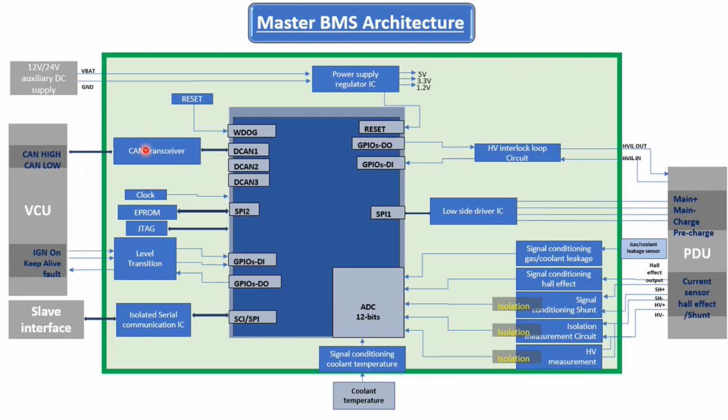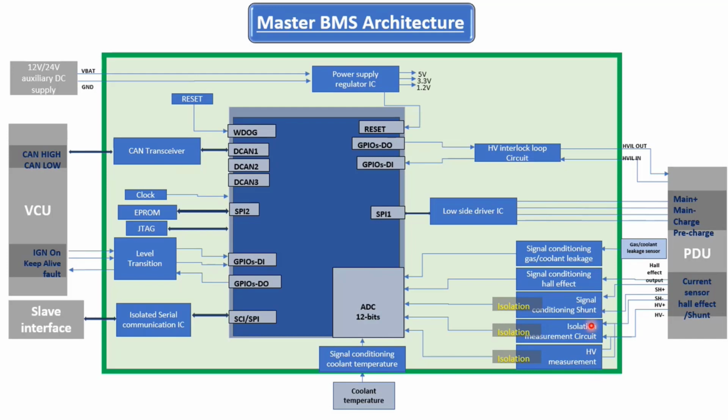Till this point it is fine. Now after taking the information from the CAN and all the BMS information, we take the temperature information, like coolant temperature and whatever other parameters there are, as well as the information from the power distribution unit: total pack voltage, total pack current.